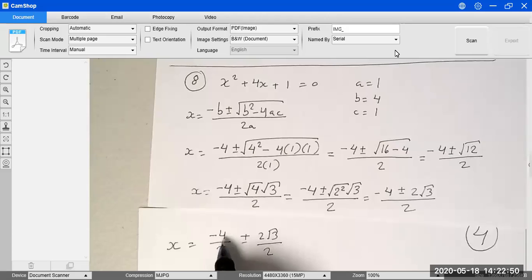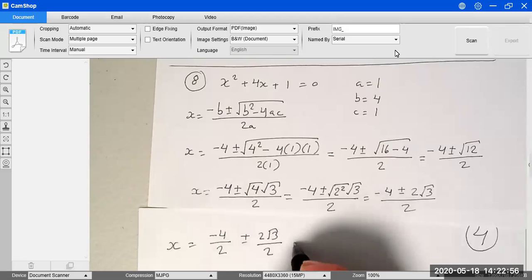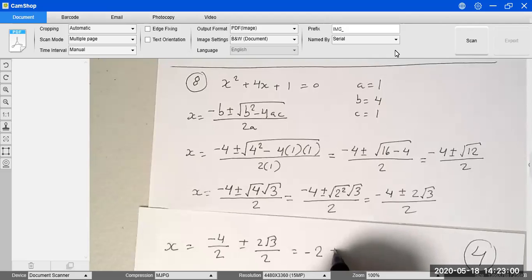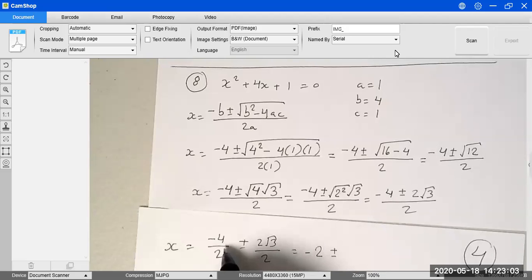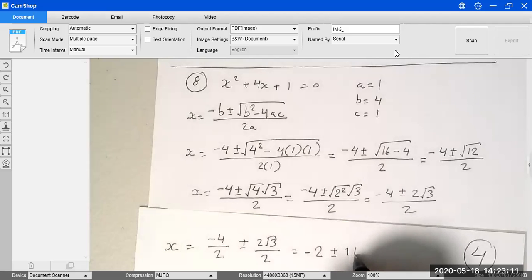So in the first case, you can just check negative 4 over 2 is going to be just negative 2. Then that's the first result, so there is no longer a fraction. With respect to the second one, you have also the same thing. 2 divided by 2 is going to be 1, so you're going to get 1 times the square root of 3.